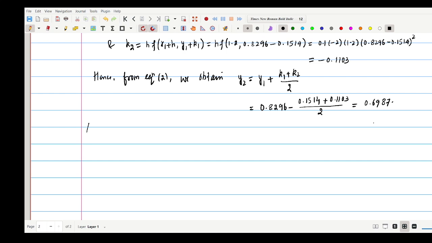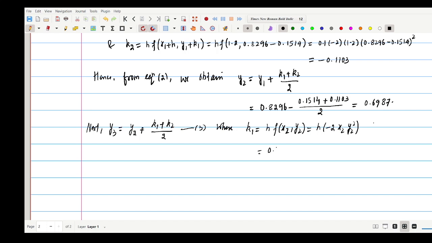Similarly y3 is equal to y2 plus k1 plus k2 divided by 2. Let's call this equation third, where k1 is equal to h f of x2 y2, that is equal to h into minus 2 x2 y2 square.